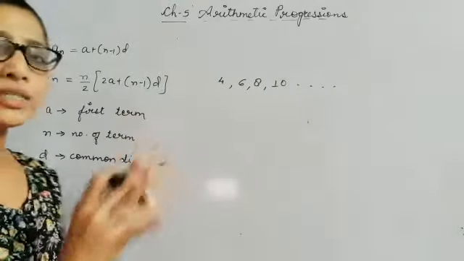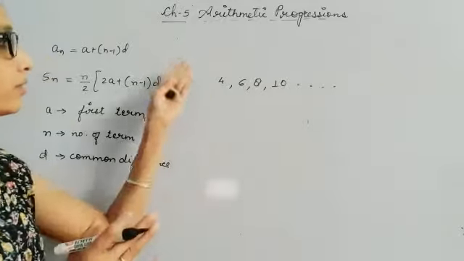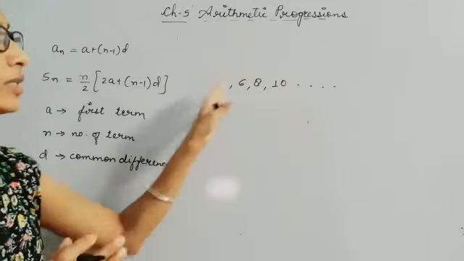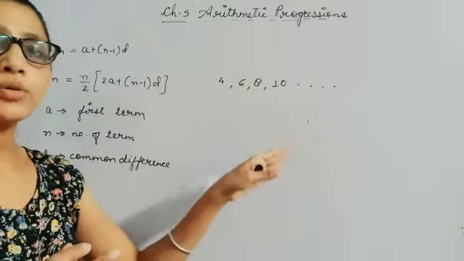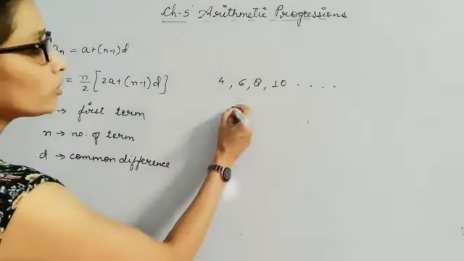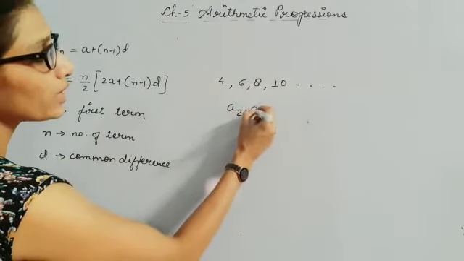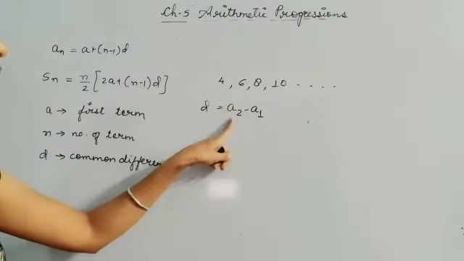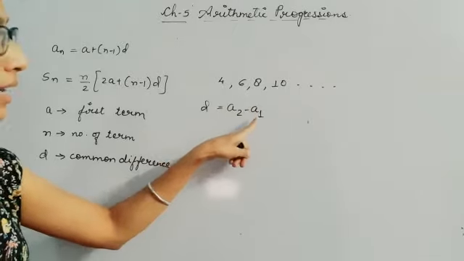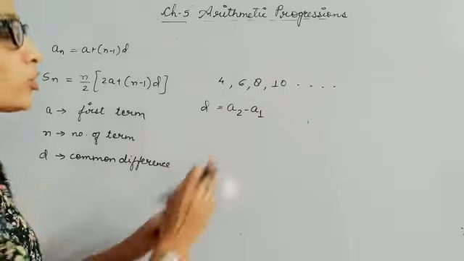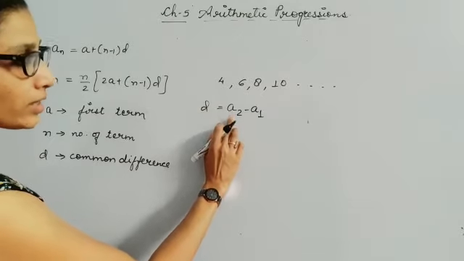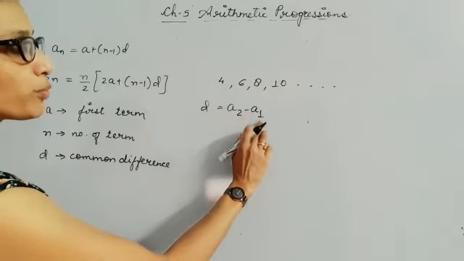So you need to check for arithmetic progression only, whether the given progression is an arithmetic progression or not. For that you need to find out a2 minus a1, which is known as d. a2 is the successive term, a1 is your preceding term. So we always find the common difference by writing successive term minus preceding term.